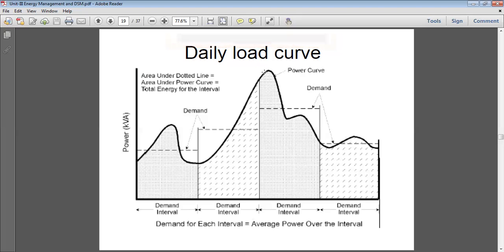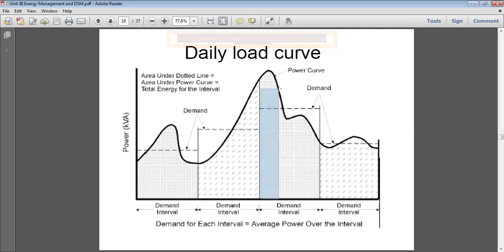So if you schedule that load, if you shift the pumping load to another time, and the effluent treatment plant to another time, definitely we are able to reduce the load. If the pumping load and your effluent treatment plant run at different times, then your maximum demand during that time becomes somewhat smaller.